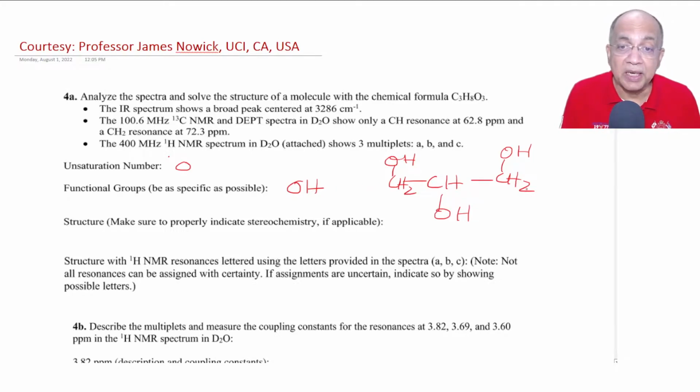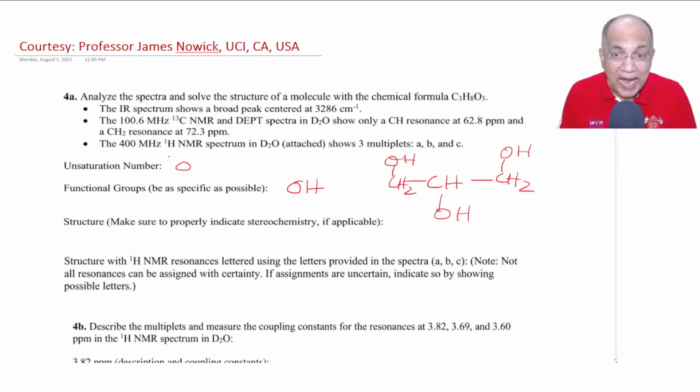But the question is, only one CH2 is coming because these two are equivalent. DEPT will not distinguish between the different non-equivalent diastereotopic protons. It will only say that a carbon is bonded to 2 hydrogens, CH2. Because these 2 carbon atoms are equivalent, it shows one CH2 peak and one CH peak, right?